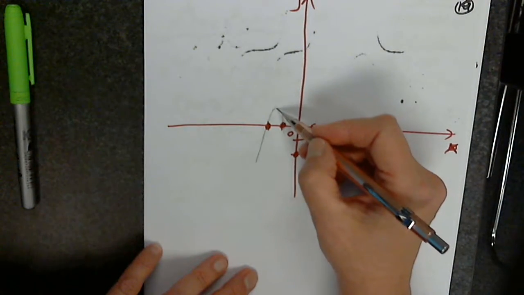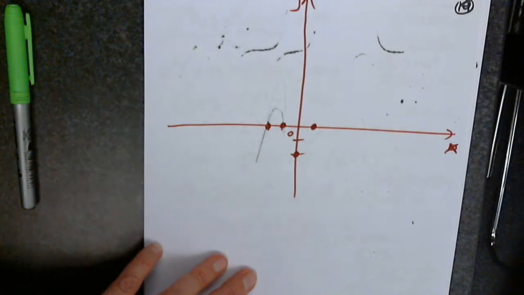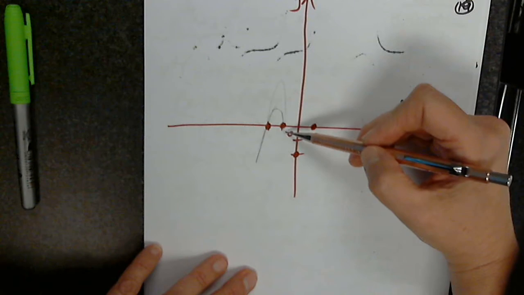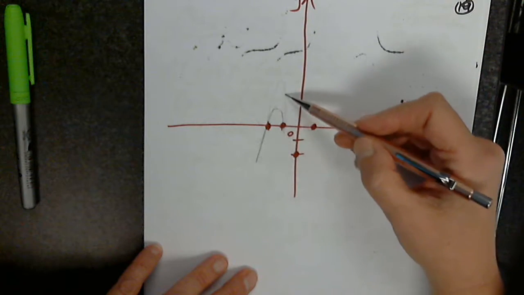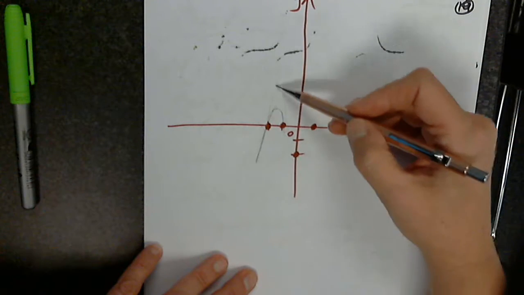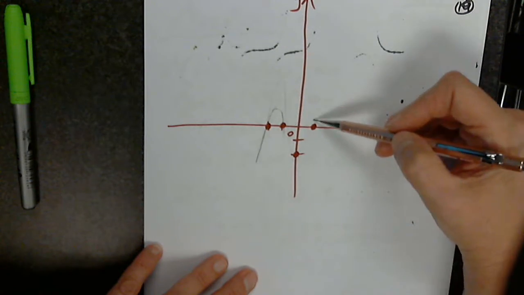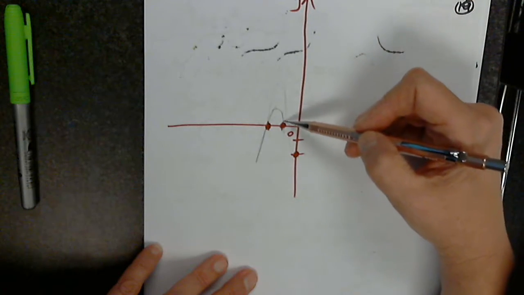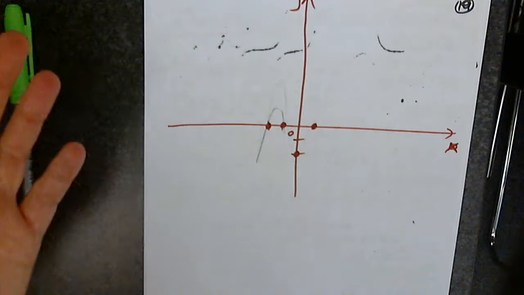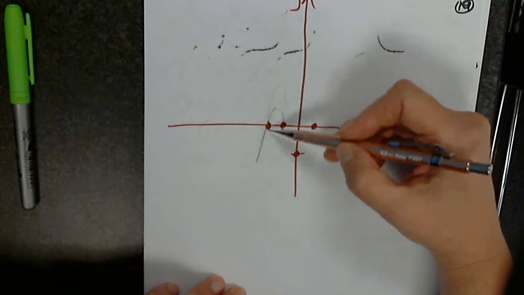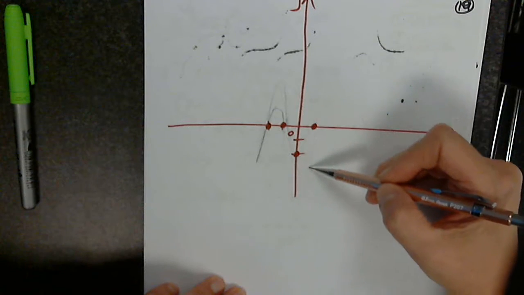I don't know if it turns here or it turns here. That part I don't know. But I know that it has to come back and cross the y-axis. But I think that this is forced. This appears to be forced. So I'm hoping that something like this. I'm hoping or assuming more than this is the case.